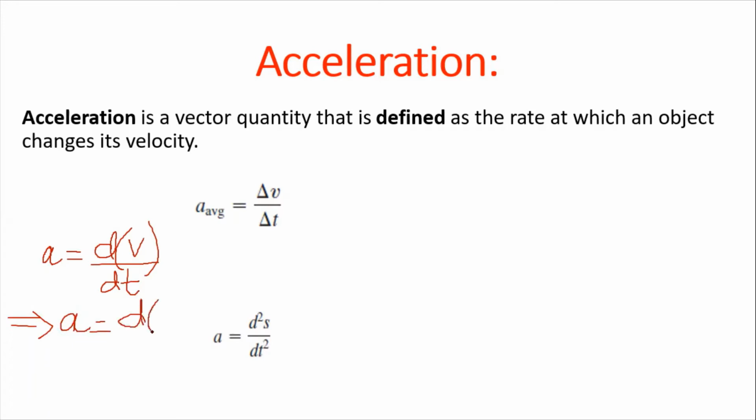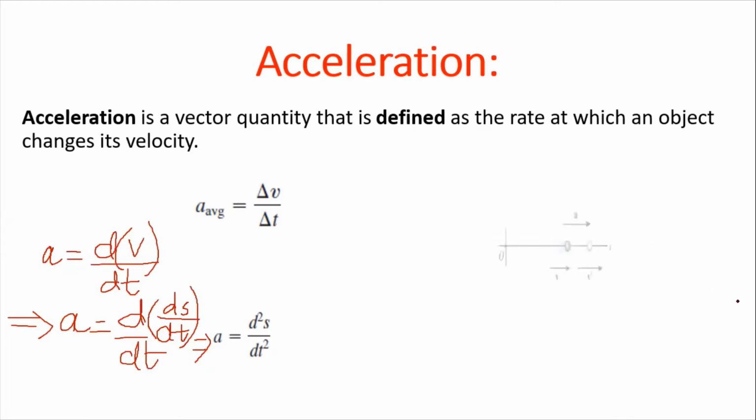So acceleration becomes d over dt of ds over dt, and ultimately it will become d square s upon dt square.